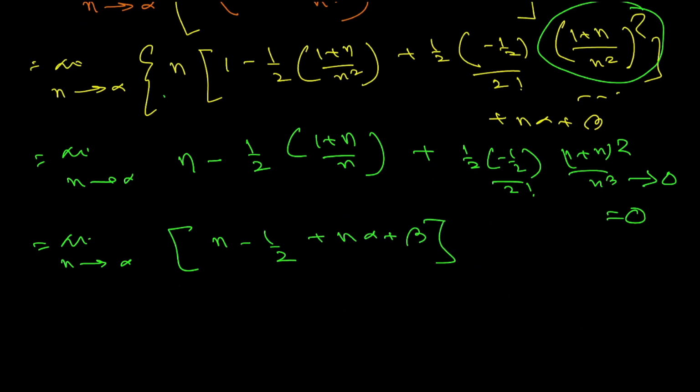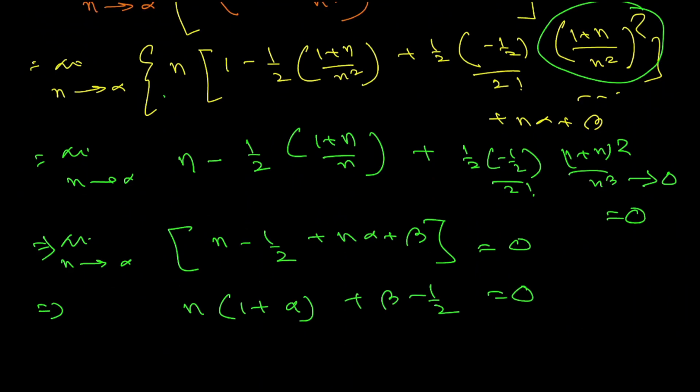Why am I telling this? You see one thing: in this case 1 by n is coming out and that is 0, and n by n is 1, so half is coming here. That is our target, and it equals 0, as given to us. Now we can say n minus half. I can take n common: n (1 plus alpha) plus beta minus half.